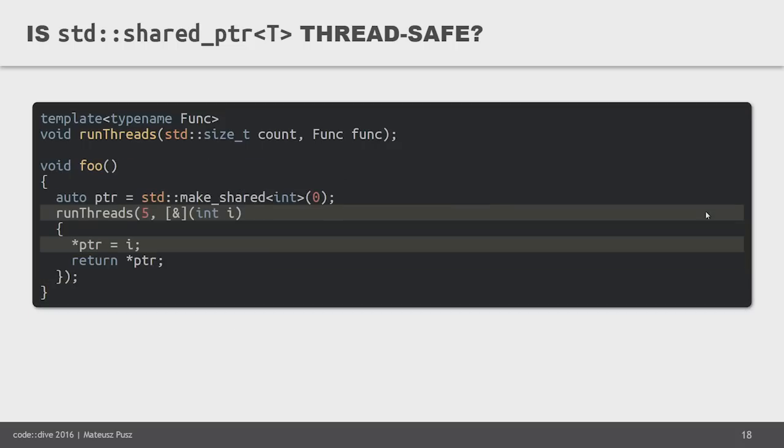And we have the first question. Basically, we are creating a shared pointer here with the initial value 0, and passing it by reference to our functor, and then we are assigning a new value to the stored object inside the shared pointer. Is it thread safe or not?